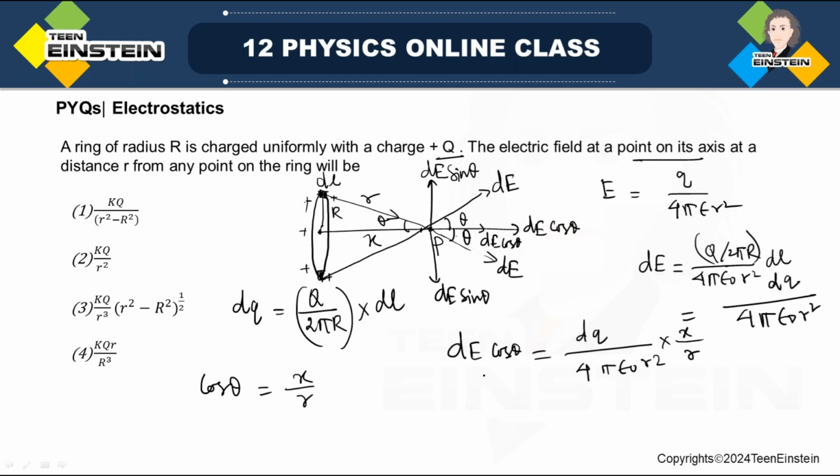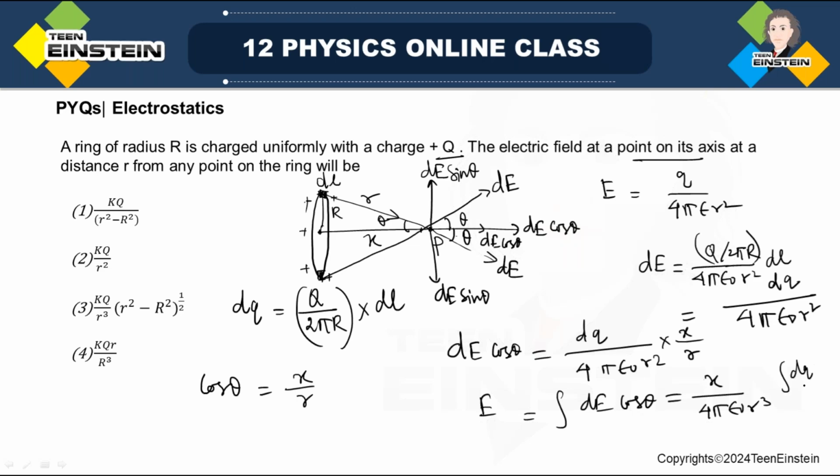Now if you want to find the electric field due to the whole ring, then you have to integrate. So the electric field E will be the integration of this, and the whole thing will be x by 4 pi epsilon naught r cube, and the integration will be on the charge dq.